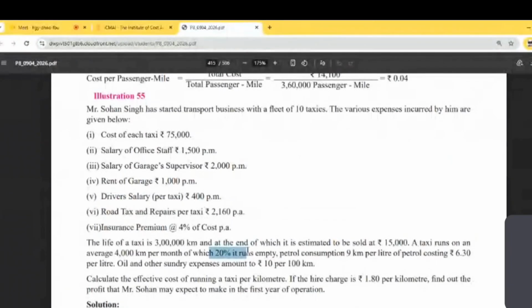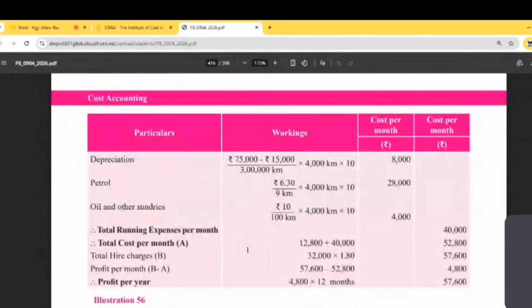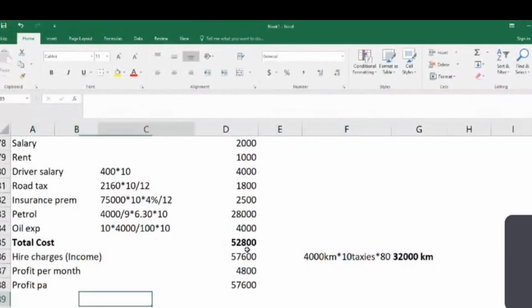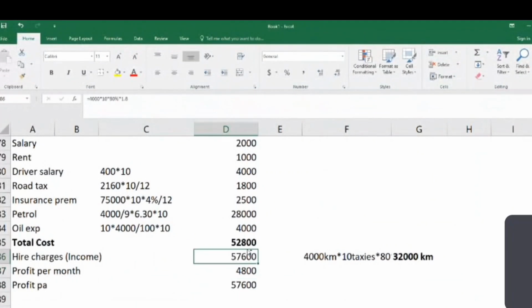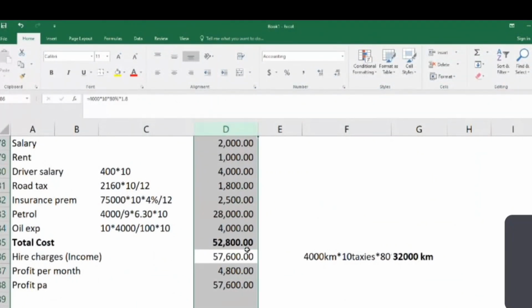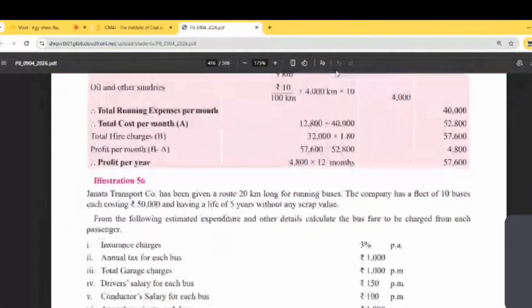That's it. We'll check our book answers with our answers. Profit per annum is 57,600. Profit per month is 4,800. Whatever we did is correct. So that is the end of this sum. It is not a much challenging sum, a very easy sum only.